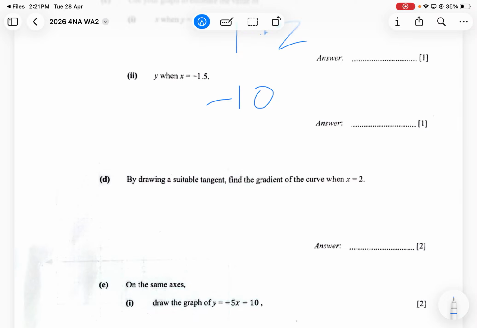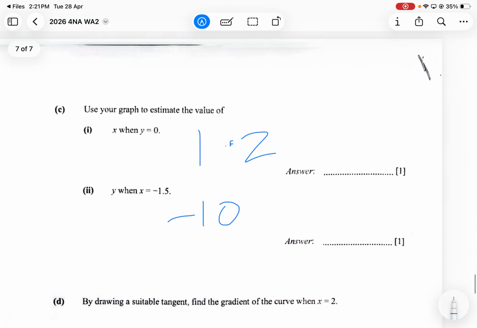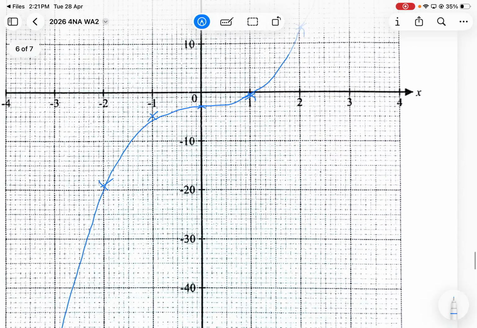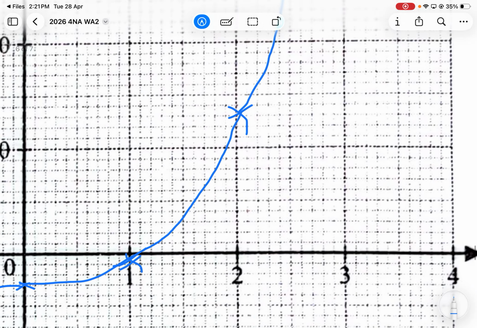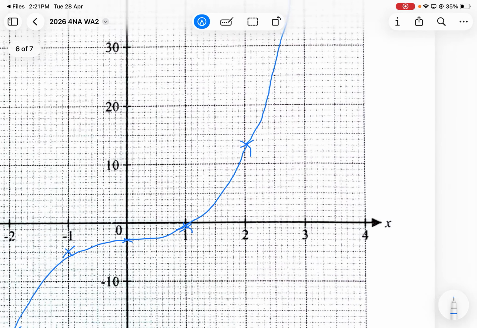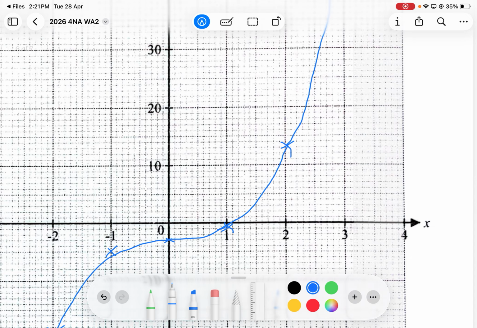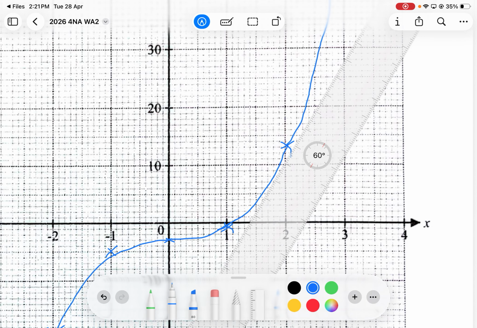By drawing a suitable tangent, find the gradient of the curve when x equals 2. So I must go to x equals 2 and then try to fit a tangent here. Okay? How I fit a tangent here? I must take a ruler, go and place until it only passes through one point.